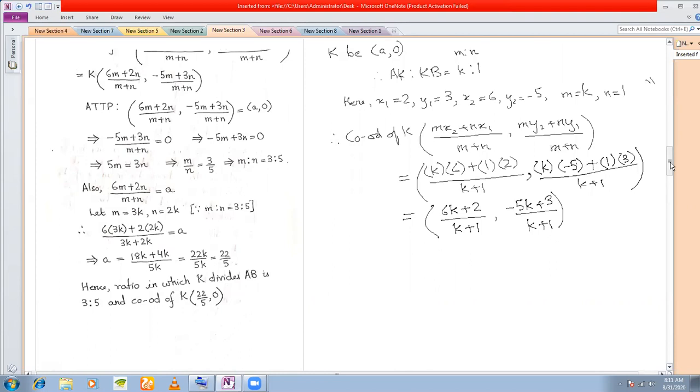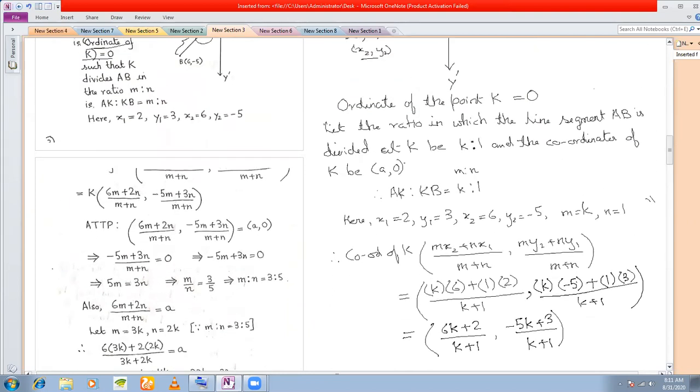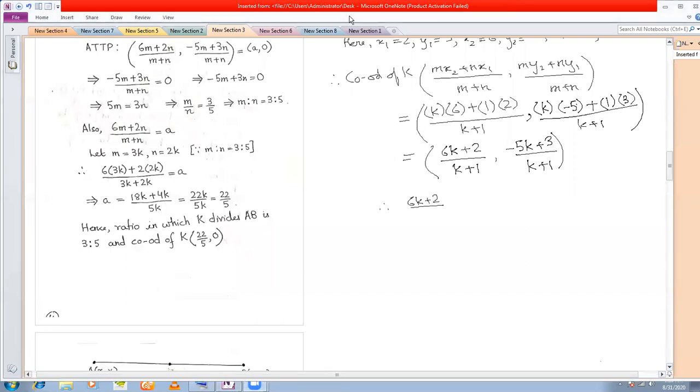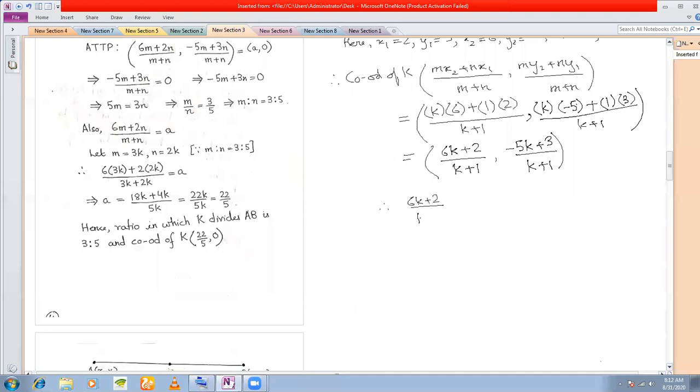And what are the coordinates of K we have taken here? We have taken the coordinates of K as a comma 0. So therefore 6k plus 2 by k plus 1, minus 5k plus 3 by k plus 1, this must be equal to a, 0.